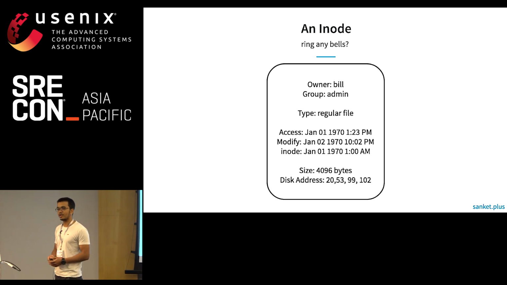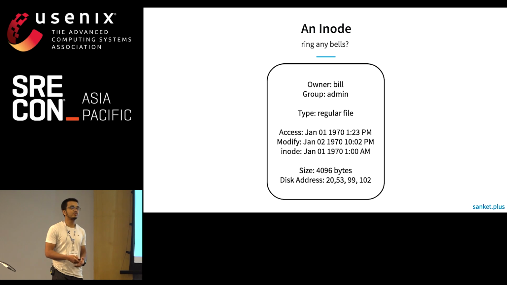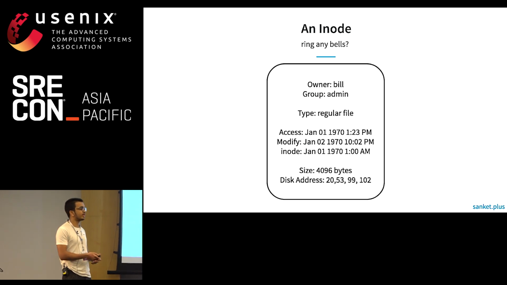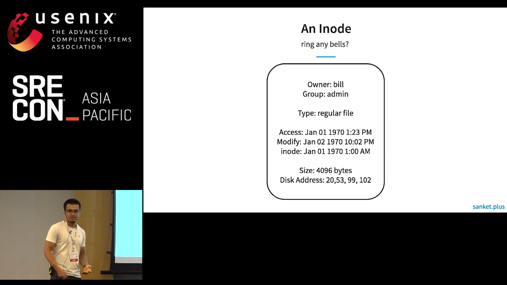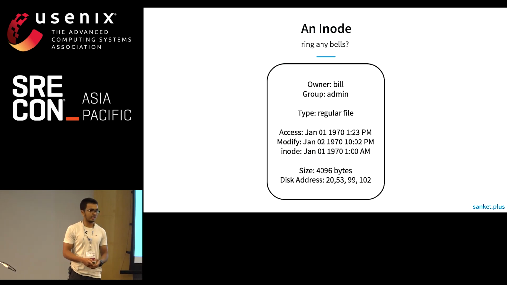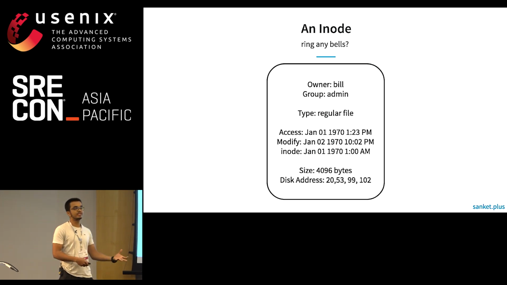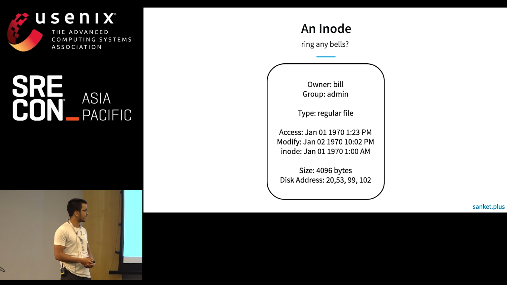The important one being type, that is, what kind of data the inode is pointing to, say file, directory, link, device, some timestamps, and of course in the end sizes, that is how big, and the most important will be disk addresses, that is where the actual data is located.